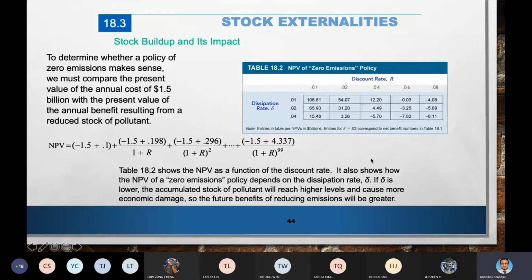To determine whether the policy of zero emission makes sense, we need to calculate, as I said, the net present value of the policy.